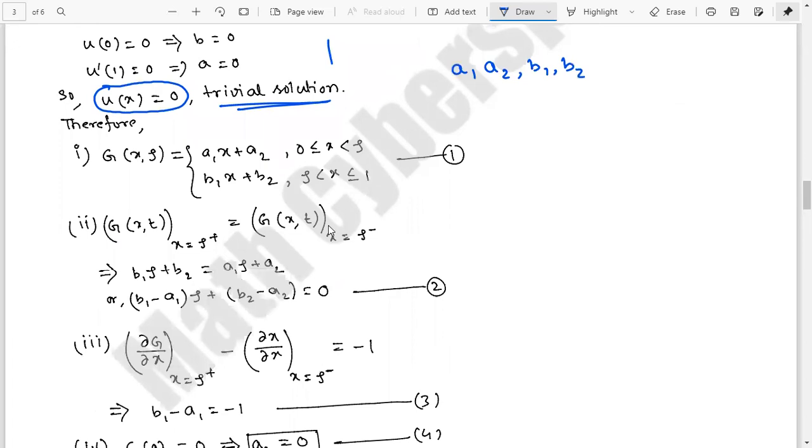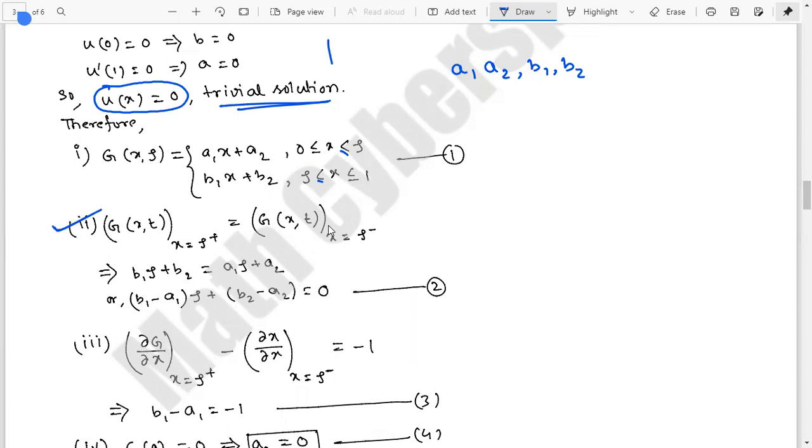G(x, ζ) = a1x + a2 in the interval from 0 to ζ, you may take the equality sign also, and b1x + b2 when the interval is from ζ to 1, you may take the equality sign also. Why can you take this equality sign? Because we know that the Green's function is continuous. That's why we can use this equality sign. Okay, step 2.